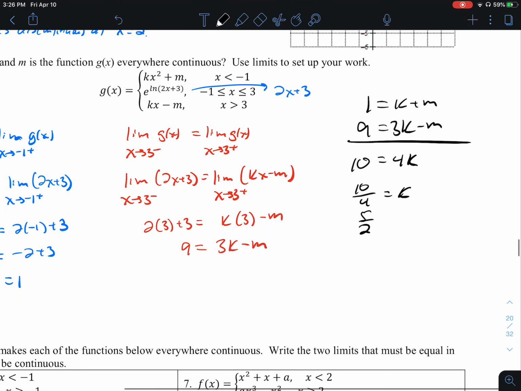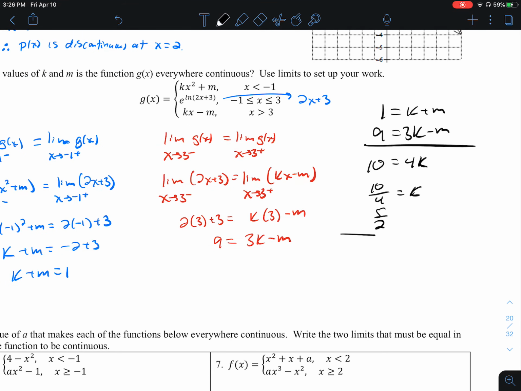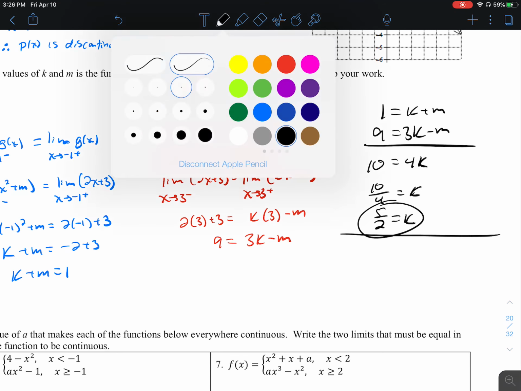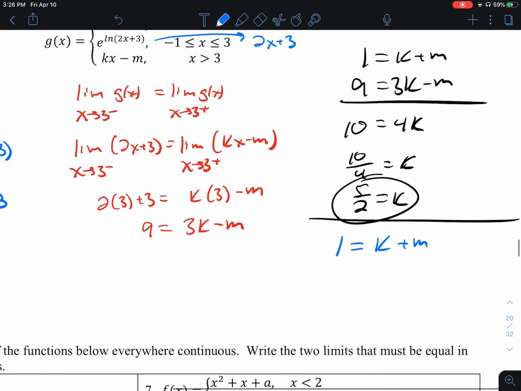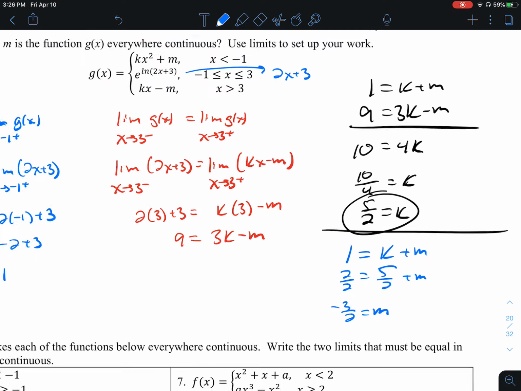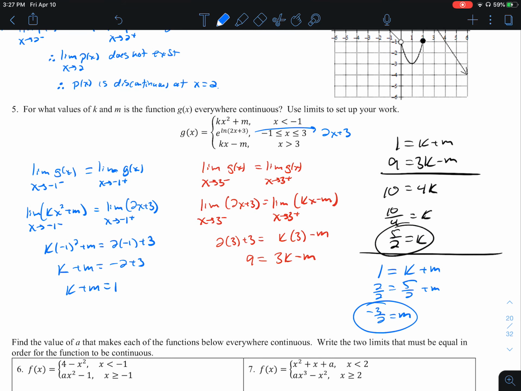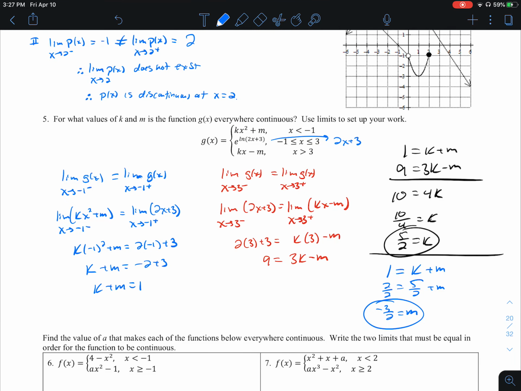And then once I have k as 5/2, I can take either equation. I'm going to use this one because it's the easiest: 1 equals k plus m, and replace k with 5/2. Going to change 1 to 2 over 2. If I subtract 5/2 from both sides, I get negative 3 over 2 is m. So unless I made an arithmetic error someplace, k would have to be 5/2 or 2.5, and m would have to be negative 3 over 2 or negative 1.5.